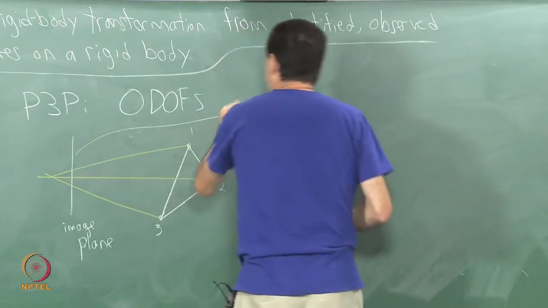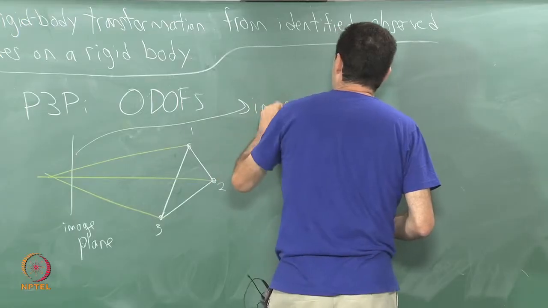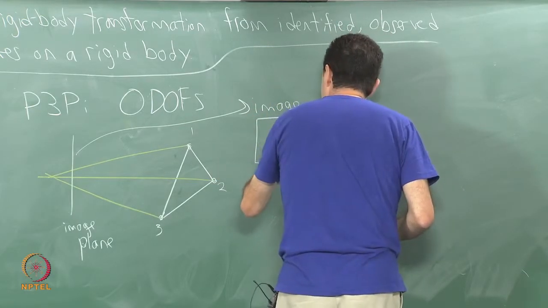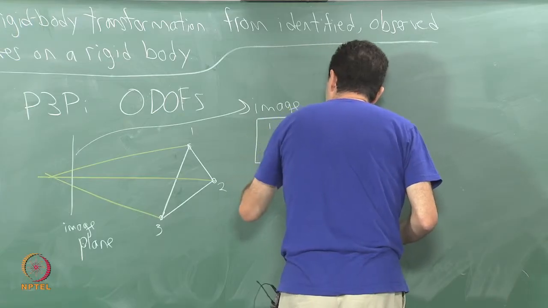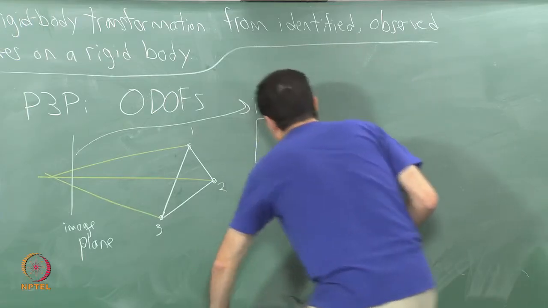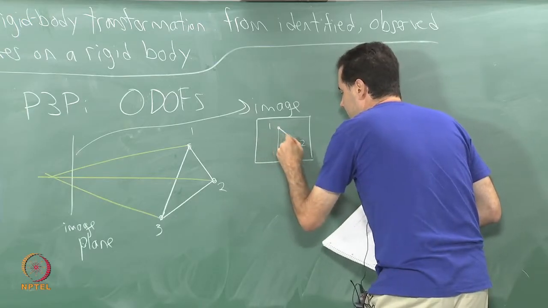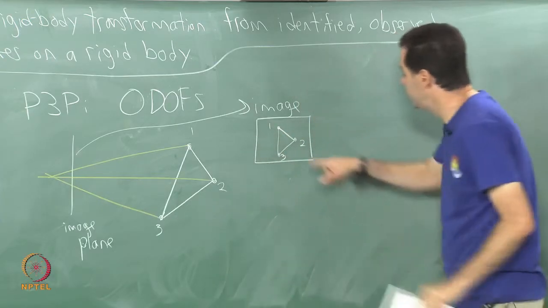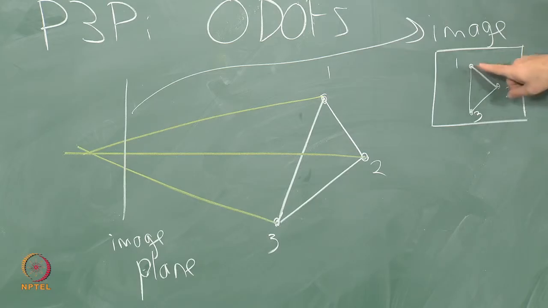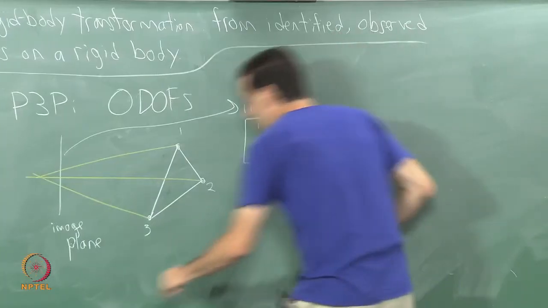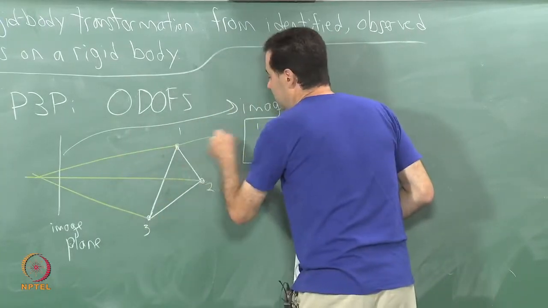So somewhere in here, there's an image. All I'm really imagining is the detection of 1, 2, and 3. So they're labeled. I know which point is which, and then I can pin this down. Except it's not the complete picture.